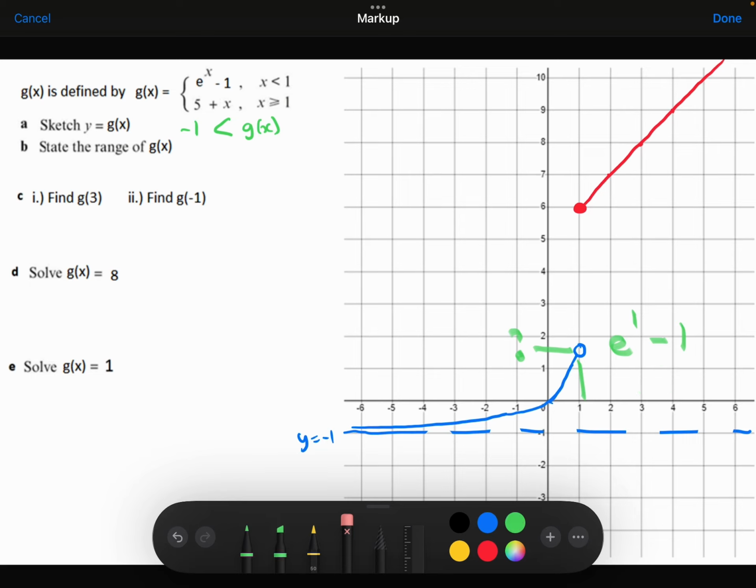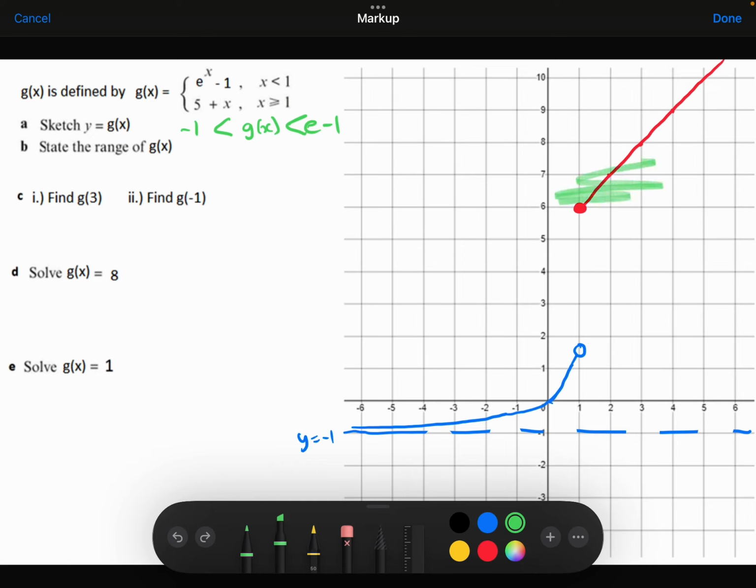But to be exact, I'm just going to leave it as e to the power 1 minus 1. So far I've explained that g of x could be between minus 1 and e minus 1, but not equal to either of those values.